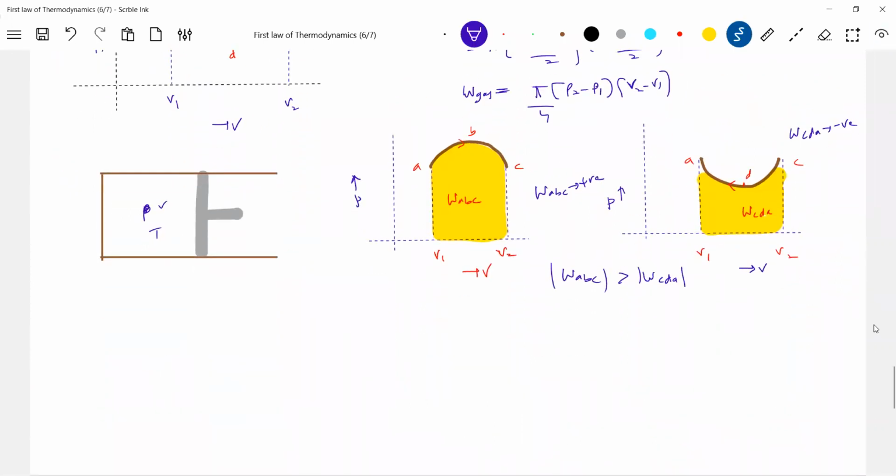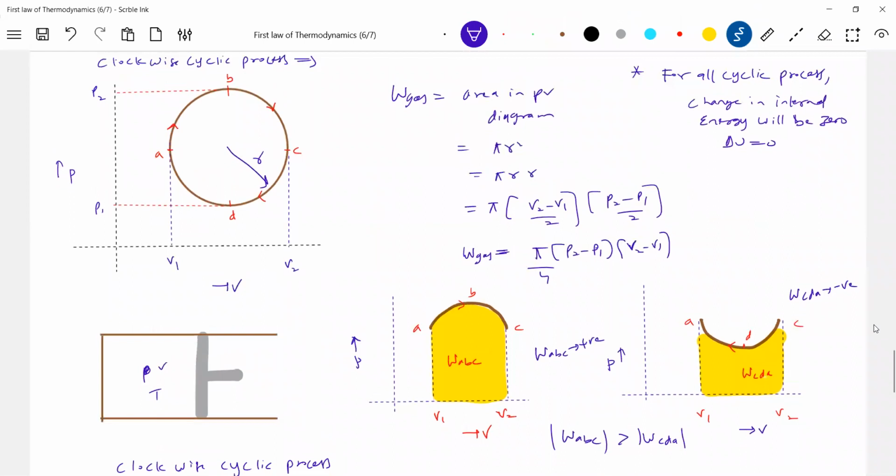So for a clockwise cyclic process, what are the conclusions? First one, delta U is 0. Net work done by the gas, and we are talking about net, will be positive.